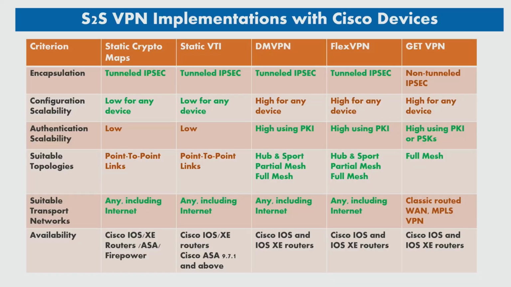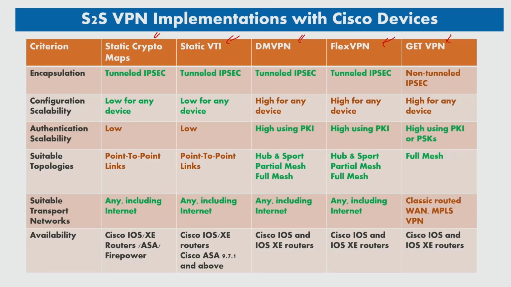Now, based on the previous implementation aspects, the required topology, and available devices, you can choose from the following VPN technologies and implementations that are available on Cisco devices. As you will see here, we have static crypto maps, static VTI, DMVPN, FlexVPN, and GET VPN.